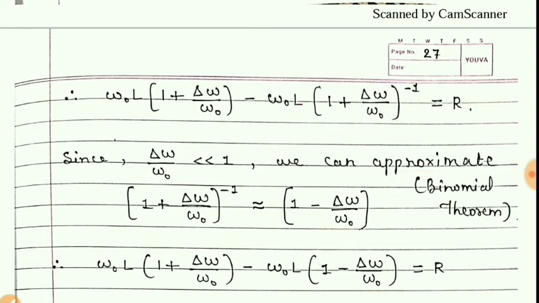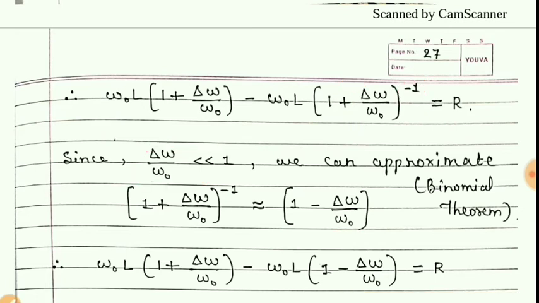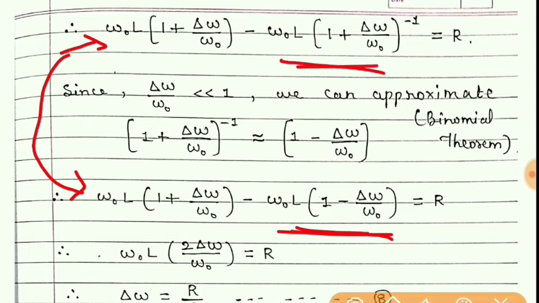So what happens? For this condition, we can simply bring this power here. We have to multiply this minus 1 here. So you will get this. Hence, this equation will become this. Only this second term is changed. This term is as it is.